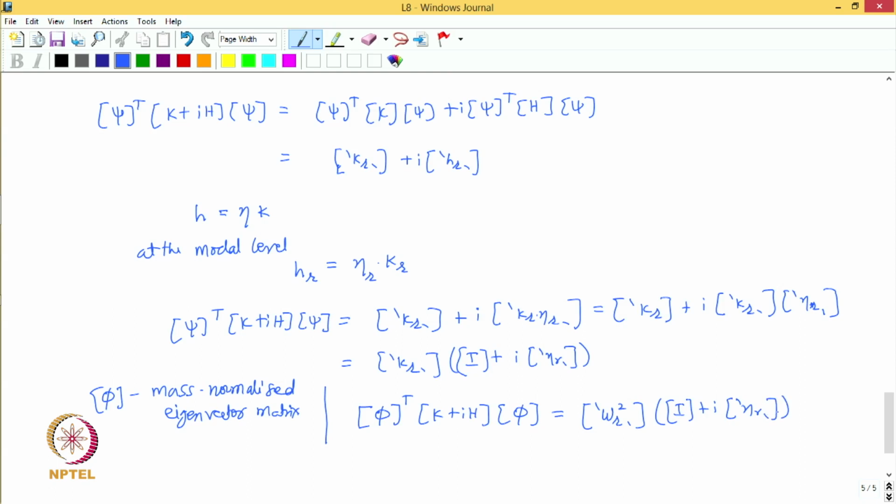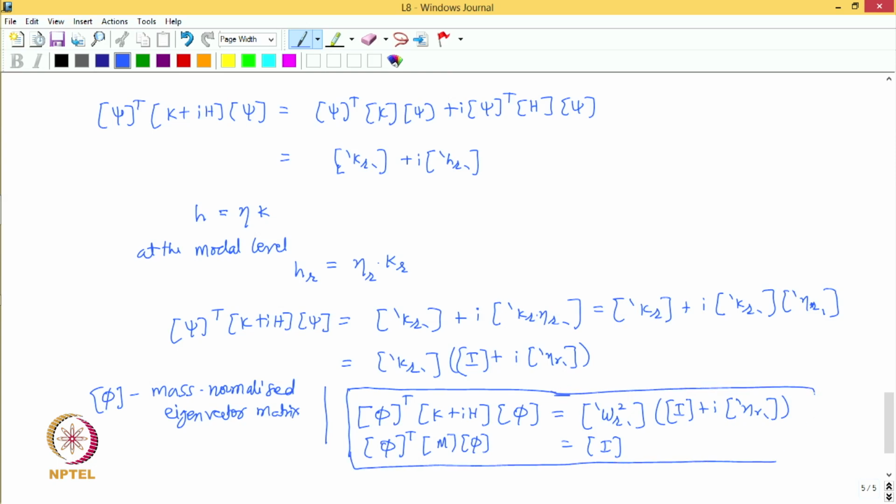That is the relationship, and phi transpose mass matrix phi would be nothing but simply a unity matrix, because now the eigenvectors are mass normalized. So, these are the expressions of orthogonality using the mass normalized eigenvectors, and here omega r is nothing but the Rth natural frequency of the undamped model.